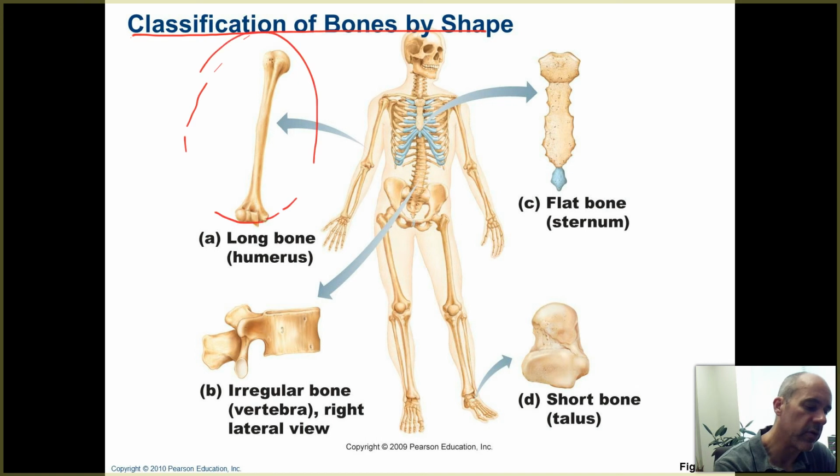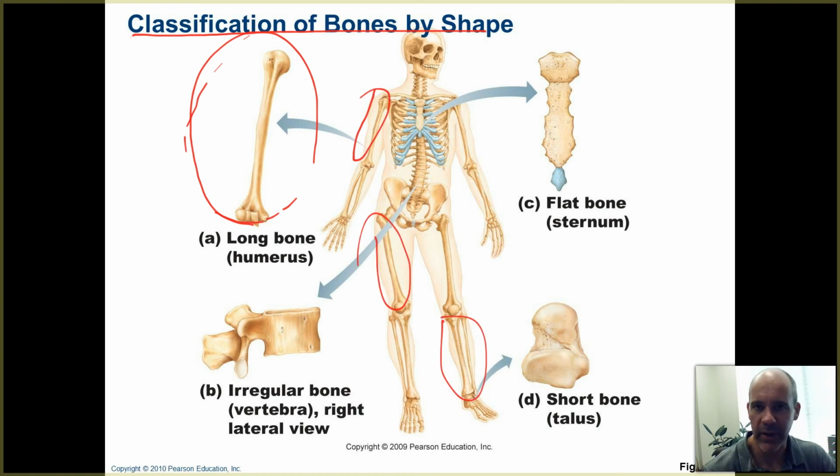And that's probably the term we'll hear the most as we go through the physiology. Long bones are simply, just as they sound, longer than they are wide. So, things like the bones in your arms, the bones in your legs, etc. Any bone that's longer than it is wide is considered a long bone.